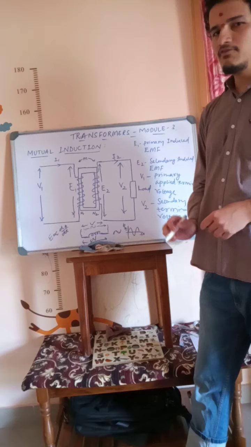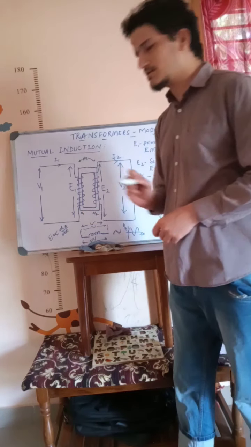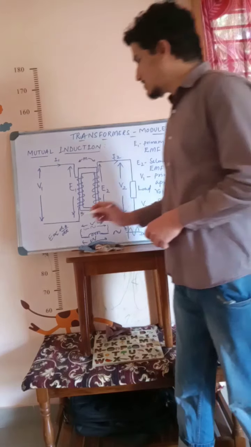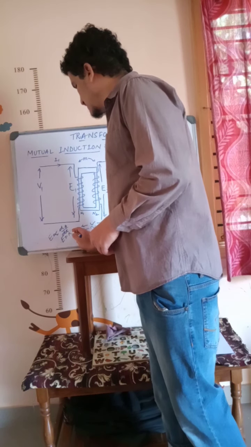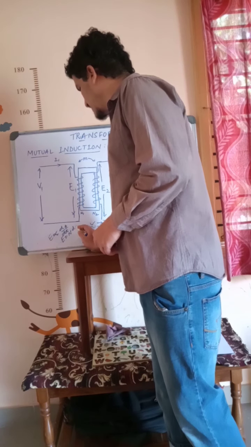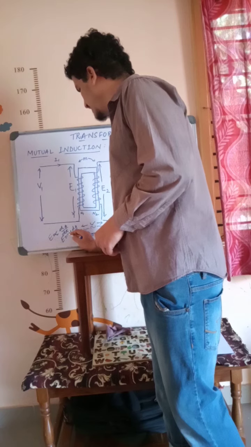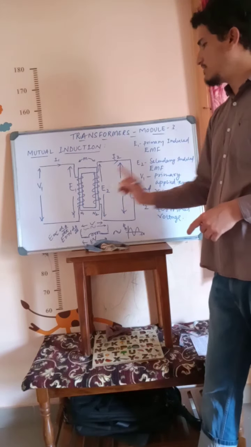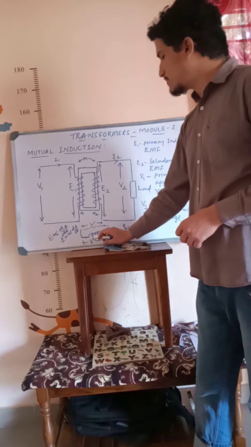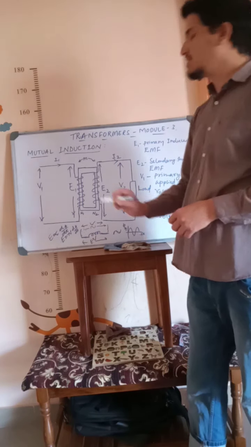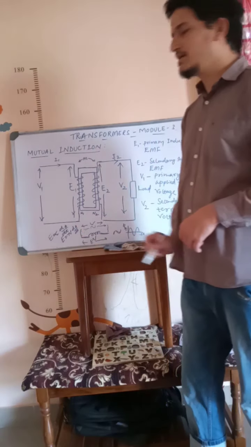The proportionality constant is replaced by N, so E equals N into d phi by dt. I will take a sign, minus N into d phi by dt. Why have I taken minus? Because the polarity of E is opposite to that of the applied voltage.